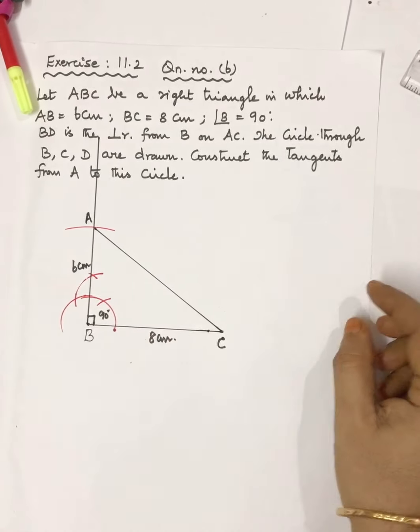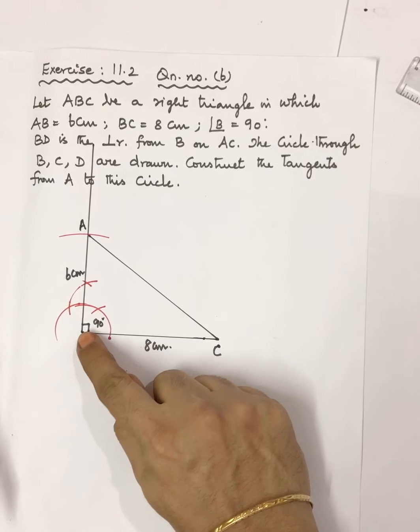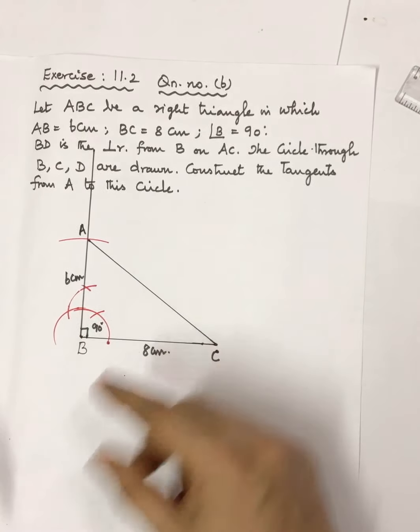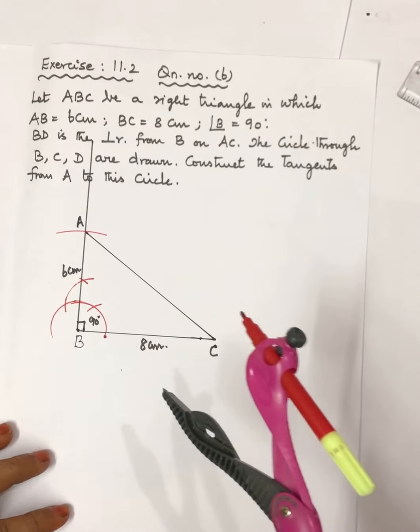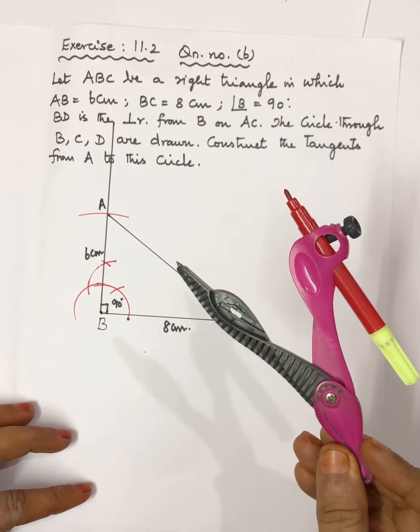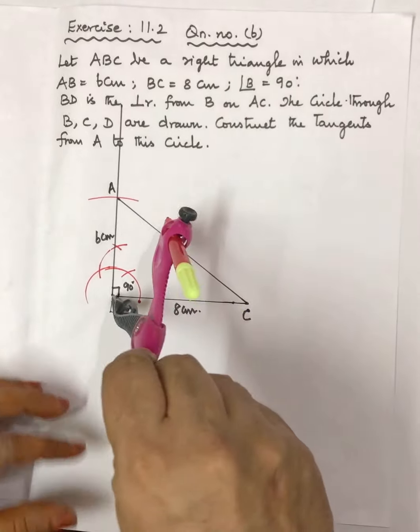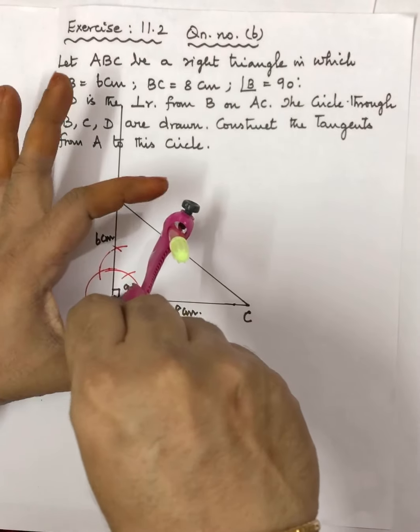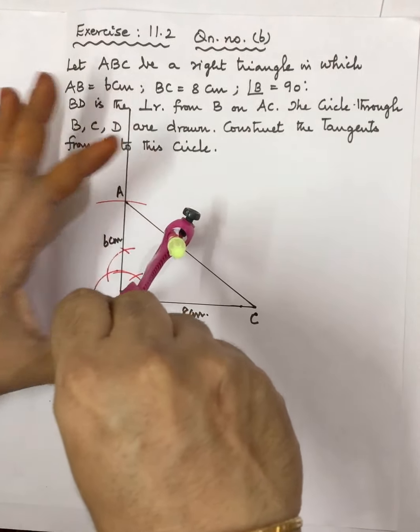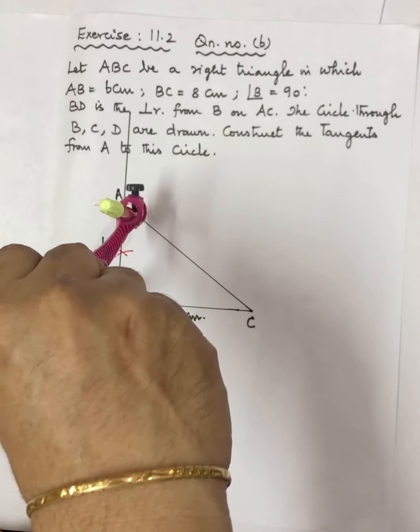Next, you have to make a perpendicular from B. So, for making this perpendicular, you fix the needle of the compass at B and the pencil end a little away from the hypotenuse.